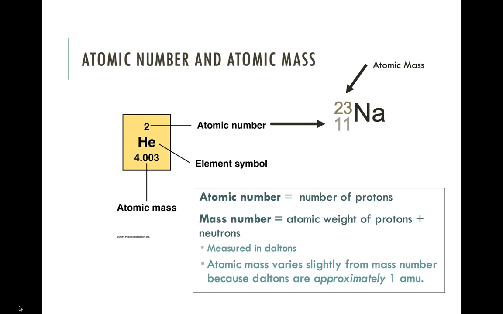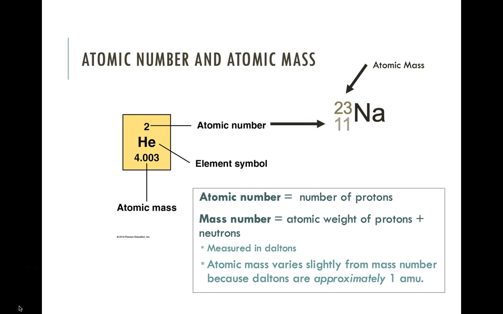Underneath that, we have the atomic mass. So the atomic mass is based on the number of protons and the number of neutrons. You add them together and you end up essentially with a weight, also called a mass number. Mass number and atomic mass are slightly different, but for the purposes of this class, we're going to call them the same. Don't tell a chemistry instructor that I said that because they are slightly different.